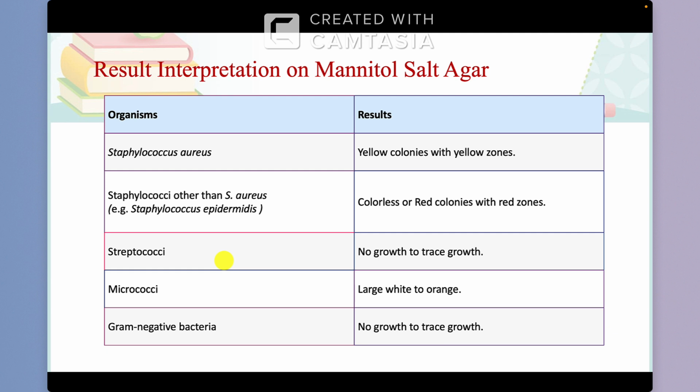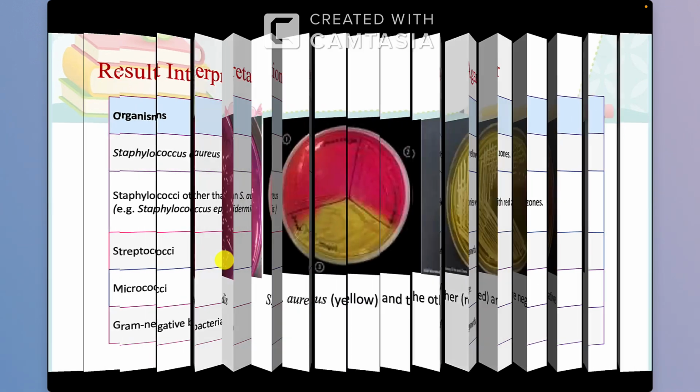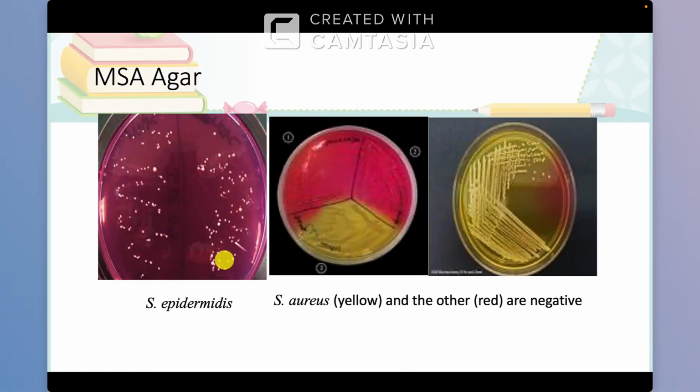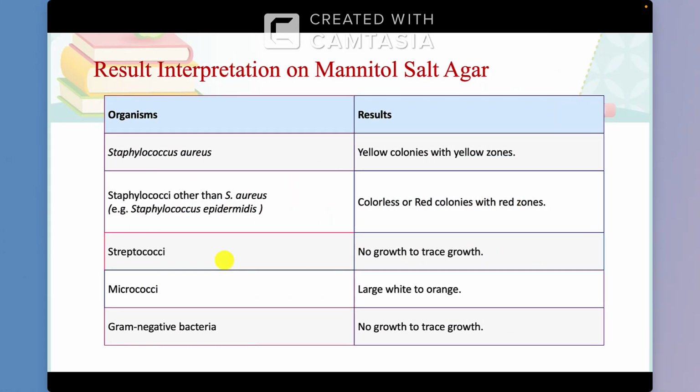Micrococci are large, white to orange, and gram-negative bacteria cannot grow on this media. So this is a selective media for Staphylococci species, especially Staph aureus, which does the fermentation. The others, like Streptococci and gram-negative bacteria, cannot grow because it contains 7.5% salt, NaCl. Our practical, and thank you for your listening.